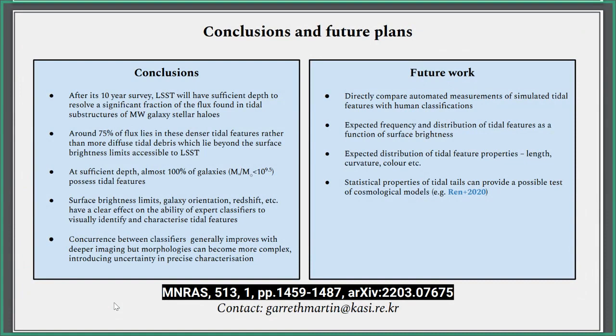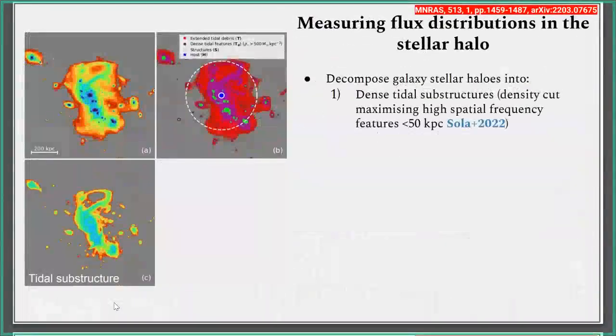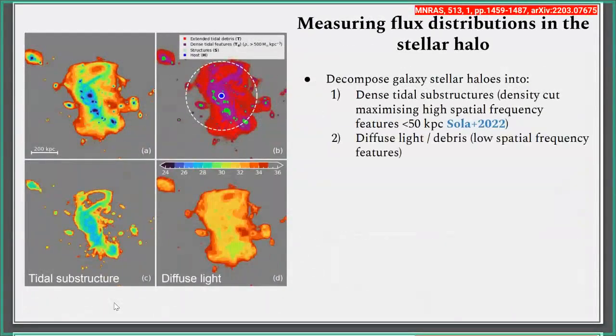Okay, thank you. Nice talk. I had a question about what you had at the beginning about decomposing the galaxies. You said that you subtract the galaxy and then the rest is somehow divided into dense and... Yes, so there's an initial step.